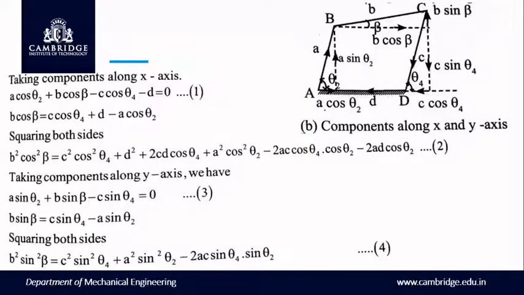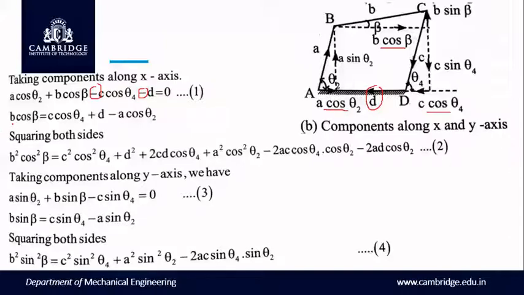Along x axis we have a cos theta 2, b cos beta, and c cos theta 4, in which a cos theta 2 and b cos beta are in the same direction, whereas c cos theta 4 and the vector d are in the opposite direction. Hence these two will become minus. So that's why we have mentioned minus sign for c cos theta 4 and d, and the sum is equal to 0.